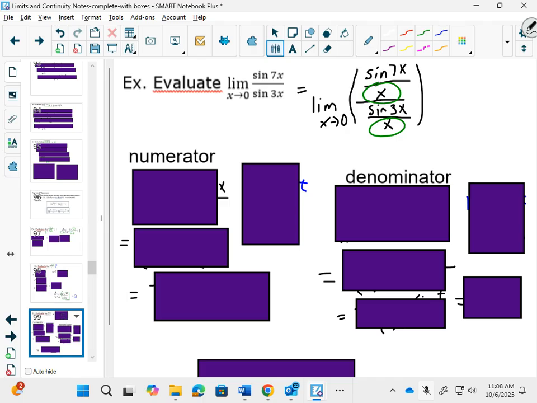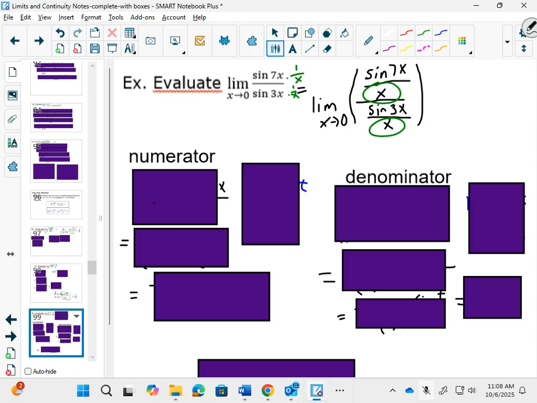By adding an x here on the bottom, technically I multiplied that by 1 over x and this by 1 over x. I multiplied by 1. And so we get creative in how we rearrange things so that it matches up with our formulas. And if it matches up with our formulas, then we can apply it.